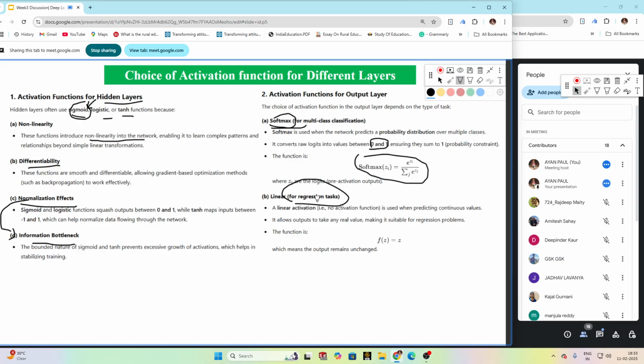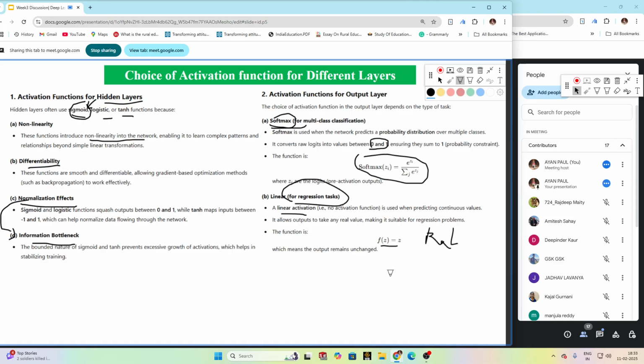But whenever we are doing the regression task, we don't want the softmax function, because we don't want probability, we want the real value. That is why we use a linear activation function, whatever result you are getting. There are other activation functions also, like ReLU, the rectified linear unit.